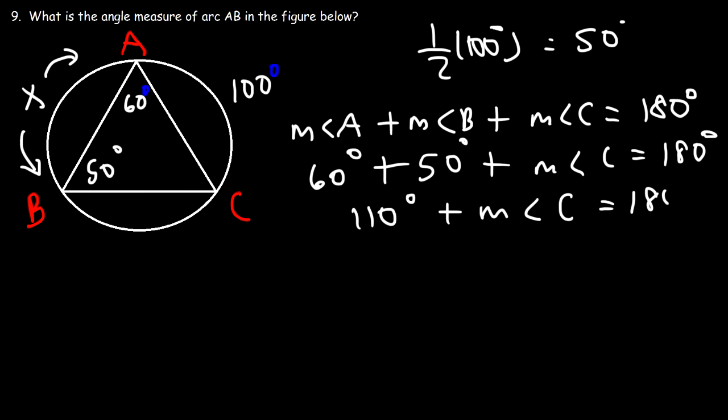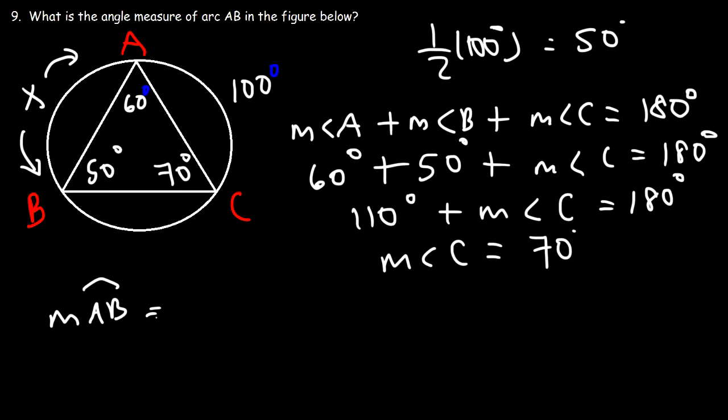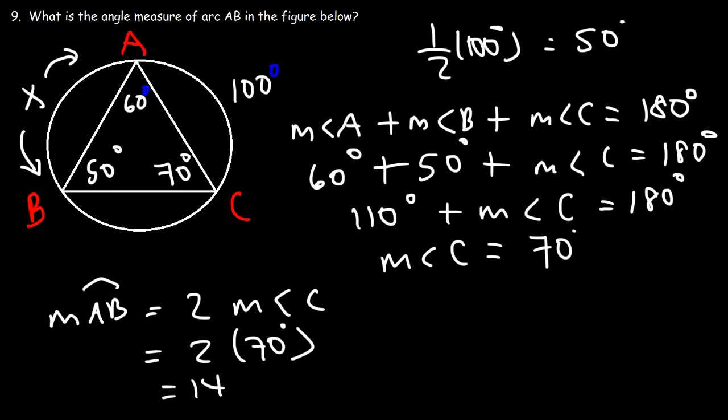And 180 minus 110 is 70 degrees. So that's the measure of angle C. So now we can calculate the measure of the intercepted arc. So the measure of arc AB is going to be twice the value of the measure of angle C. So it's 2 times 70 degrees, which is 140, and that's the value of x.